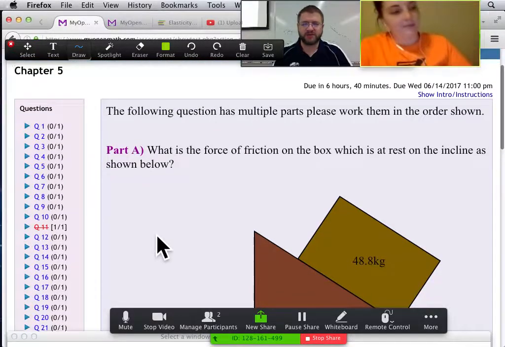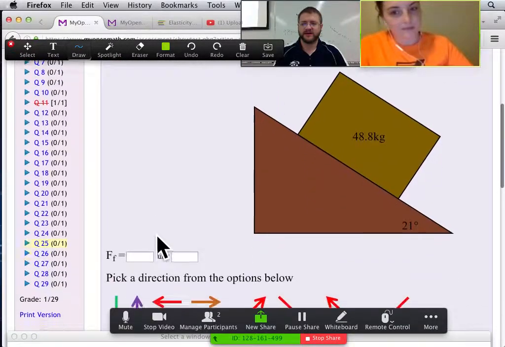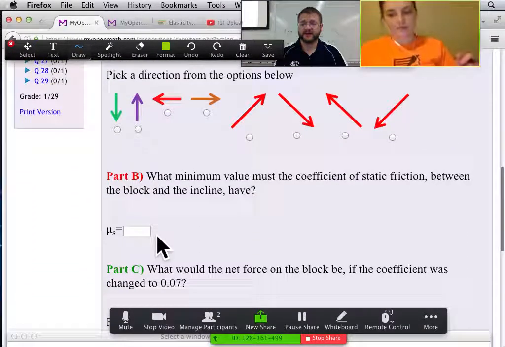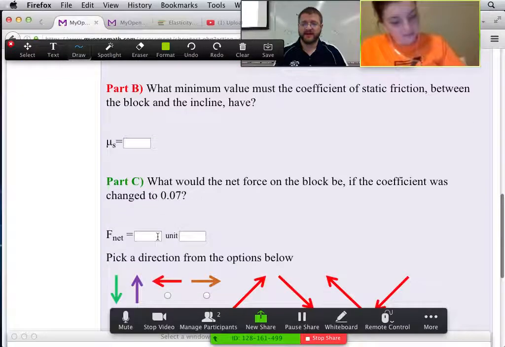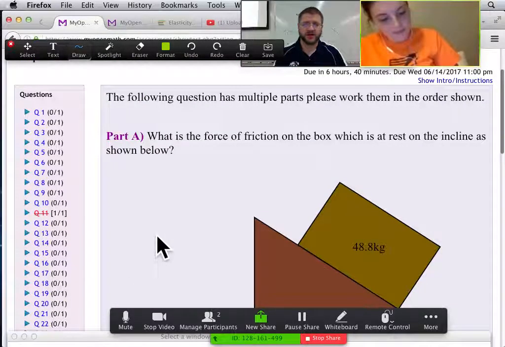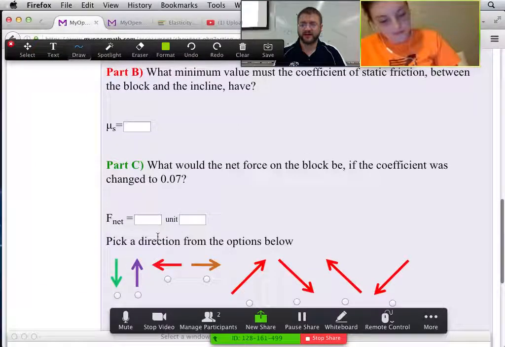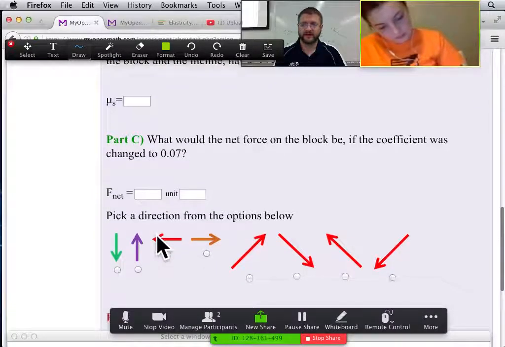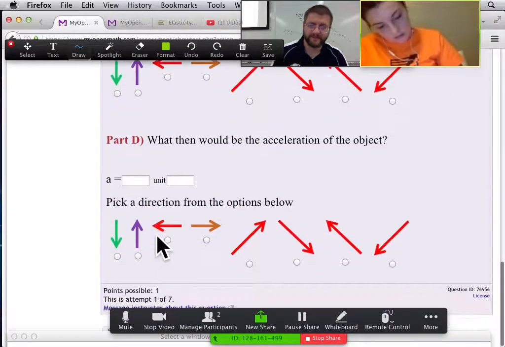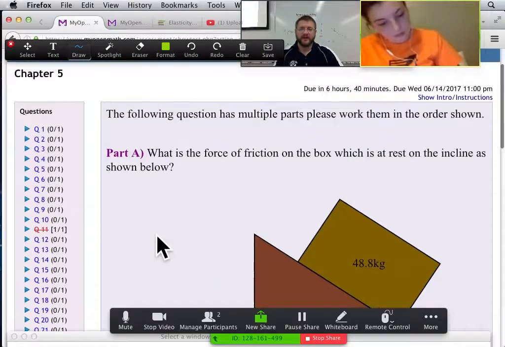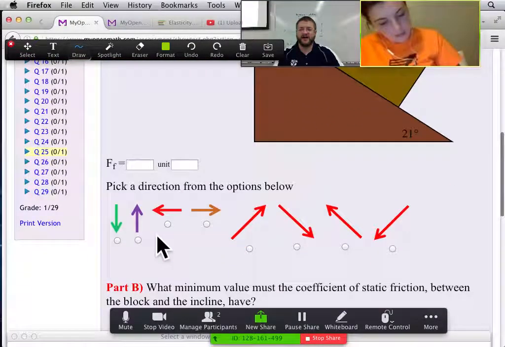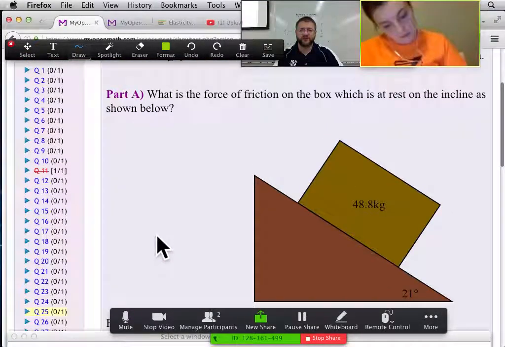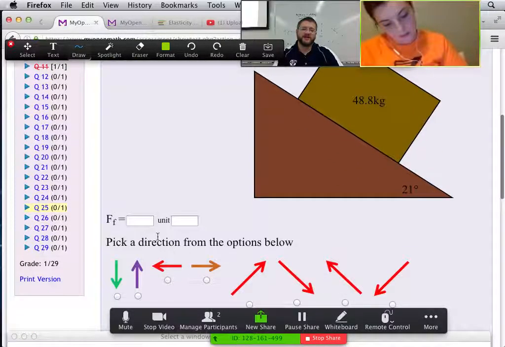So we have this box on an incline, and it's not moving. It's at rest, right? And they want to know what is the force of friction if it's at rest with this mass and this angle.